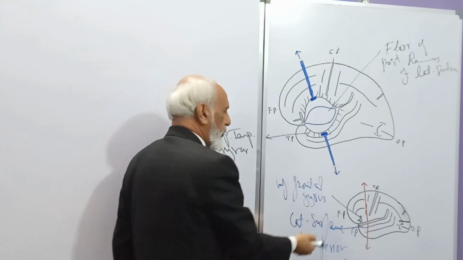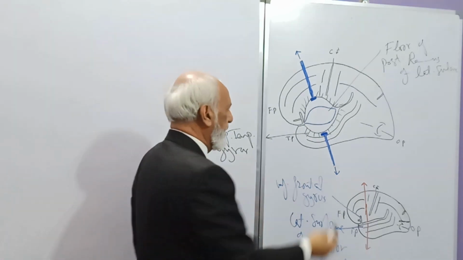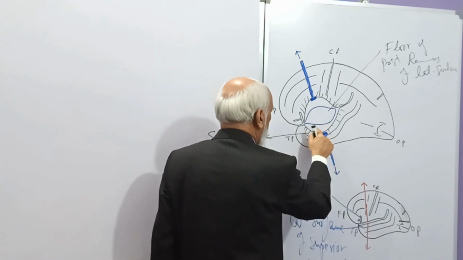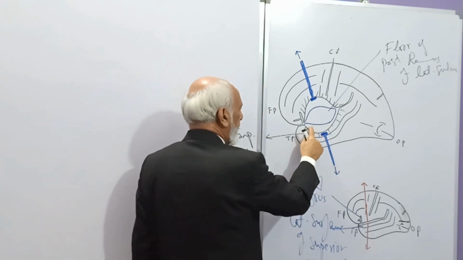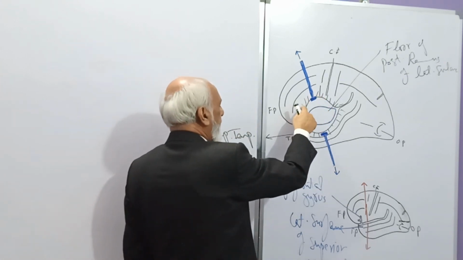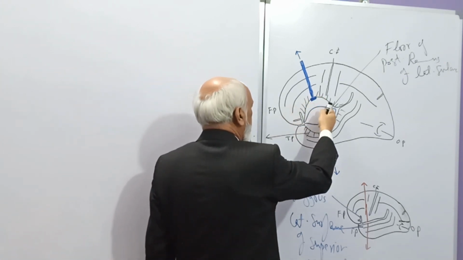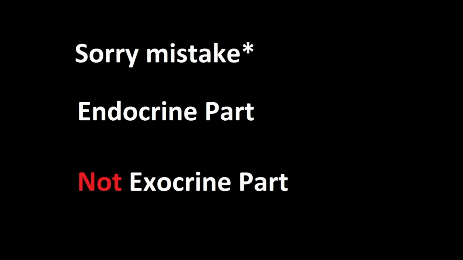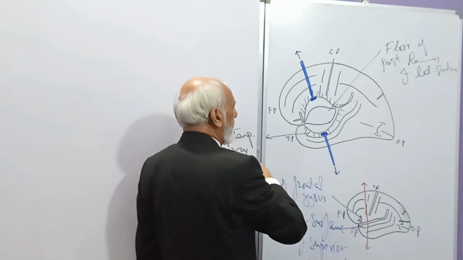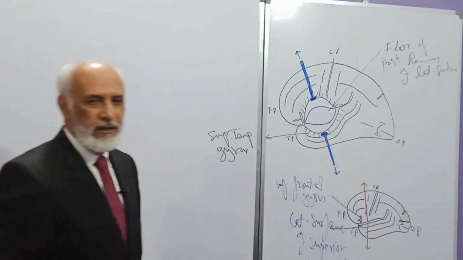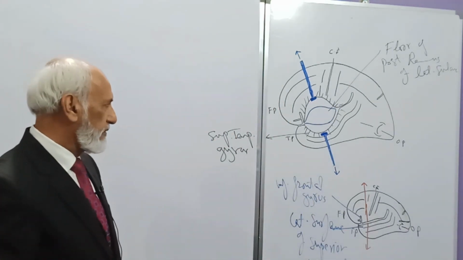When we stretch down the lower lip of the posterior ramus, can you see this is the superior surface of the superior temporal gyrus. This is the lateral surface and this is the superior surface. Here is the inferior frontal gyrus, and this is the floor of the posterior ramus of the lateral sulcus.